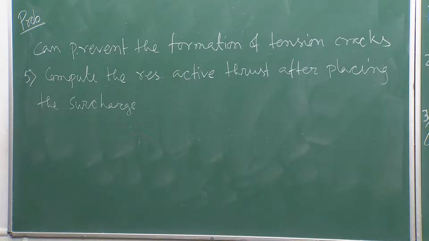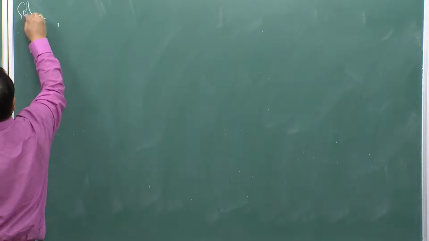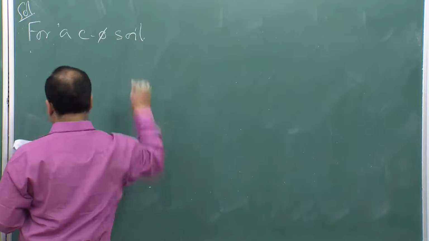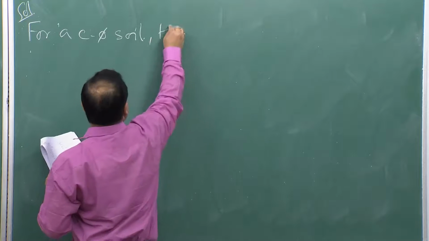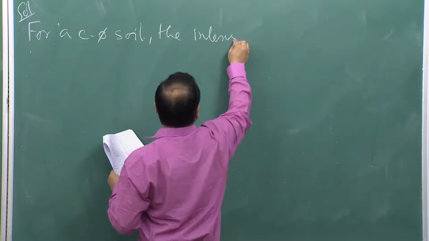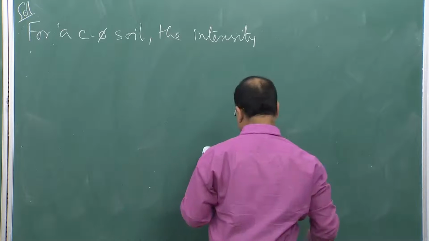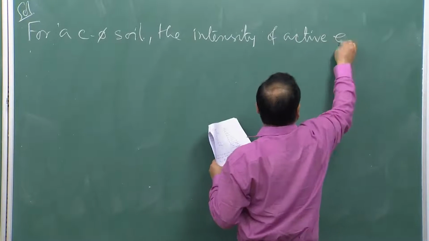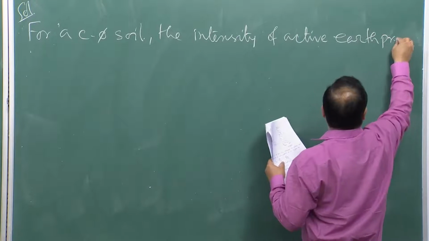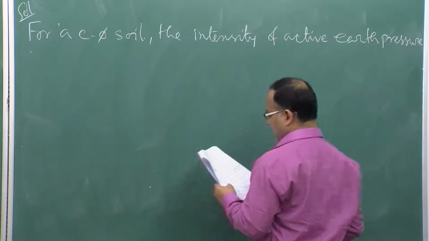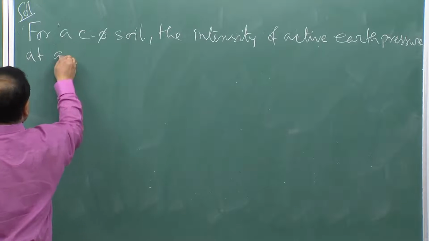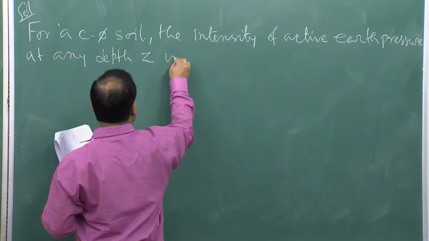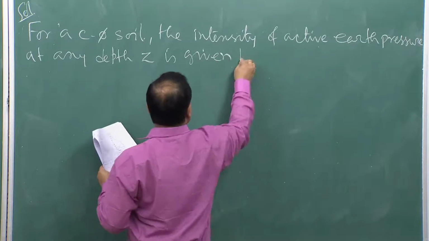So, now let us solve this problem. Solution: for a C-phi soil, the intensity of active earth pressure at any depth z is given by what?